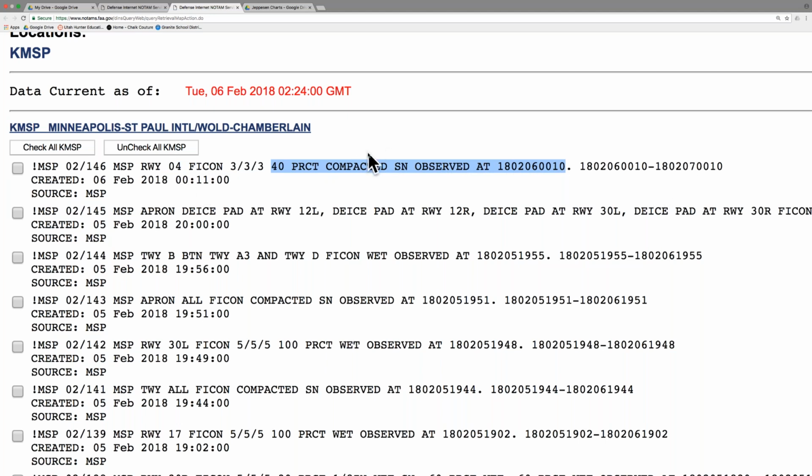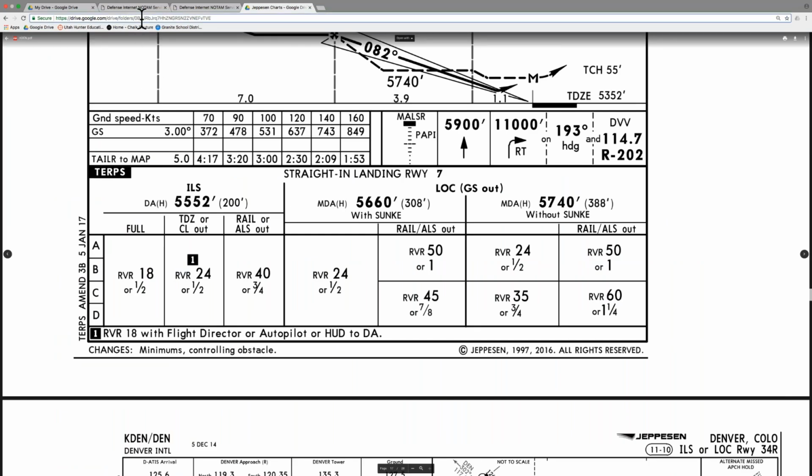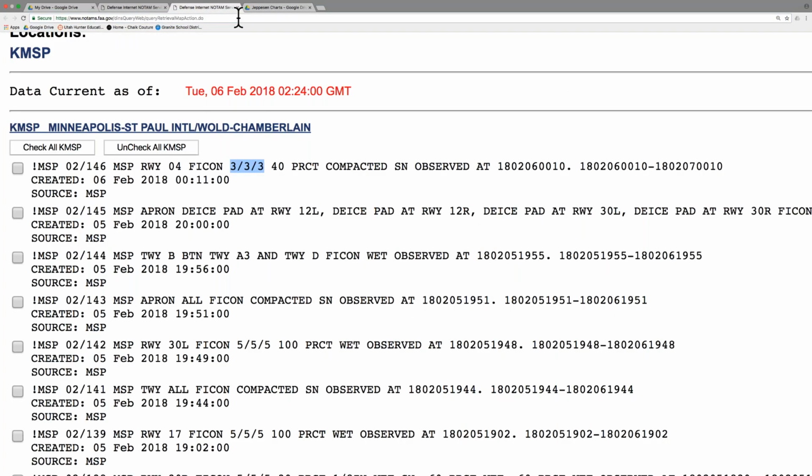So what would that do to our stopping abilities? This kind of tells us 333 means, well, it basically just says that it's moderate braking action, meaning that we have to extend the distance of our landing roll.